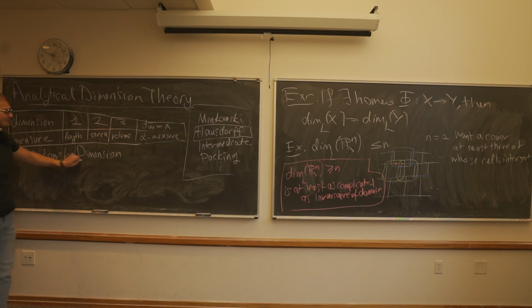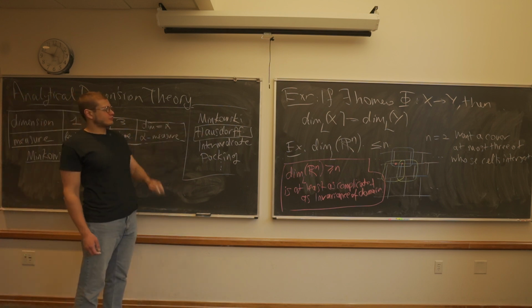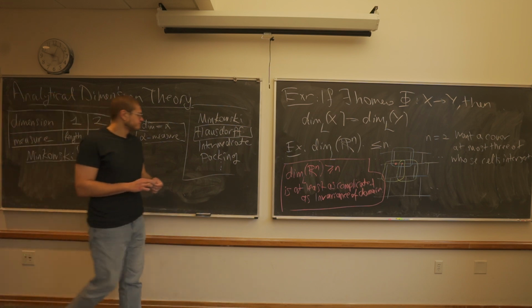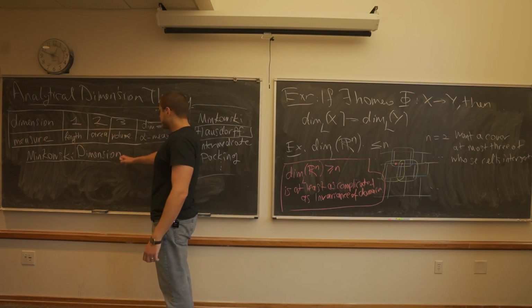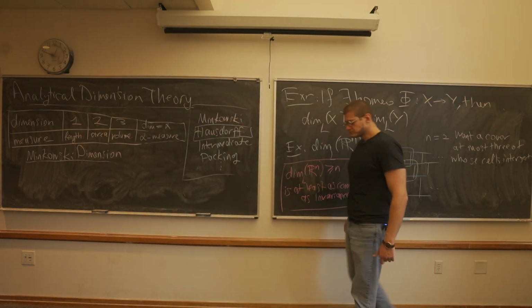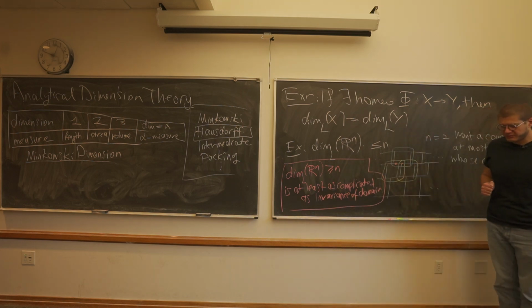In a sense, Minkowski dimension is a light version of Hausdorff dimension. Hausdorff dimension takes some work to establish. The heuristic behind Minkowski dimension is the following.